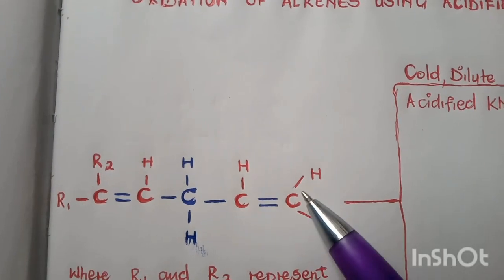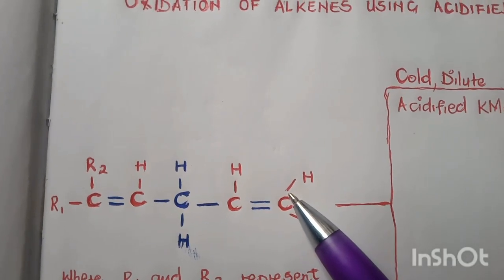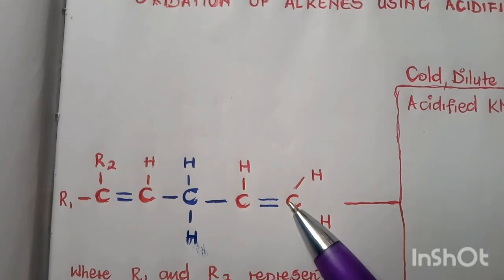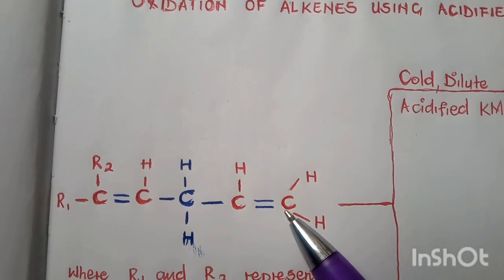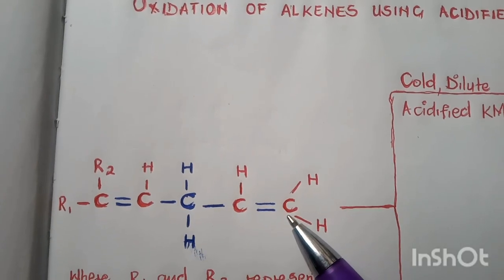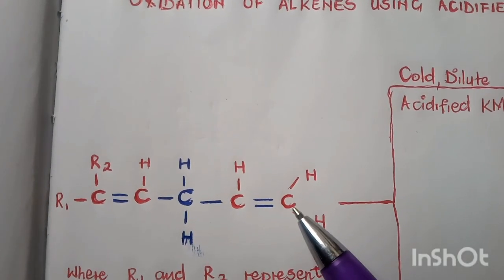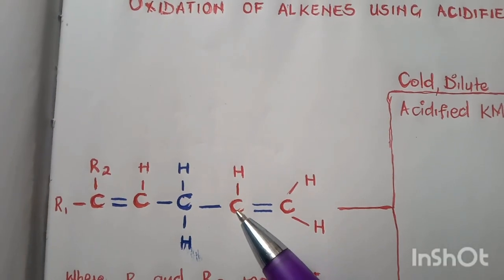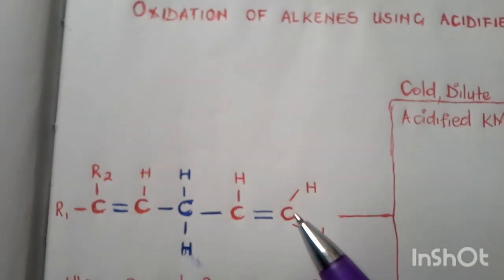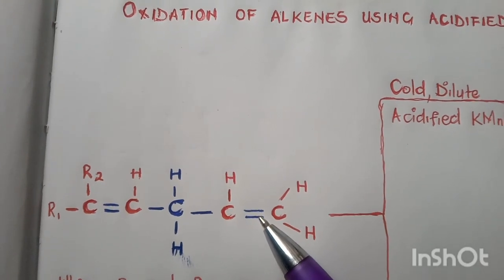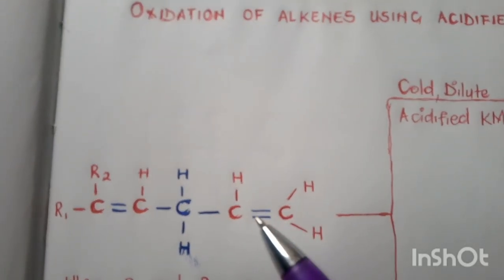Now, each of these will be oxidized by adding an OH to each of the carbon atoms. We add an OH here, and then we add an OH here, and then we break that bond such that we are left with a single bond there.